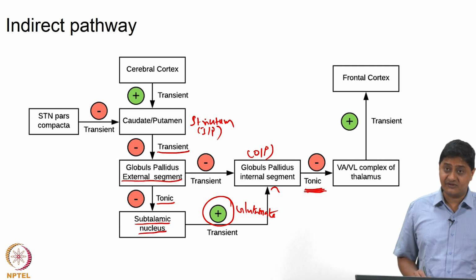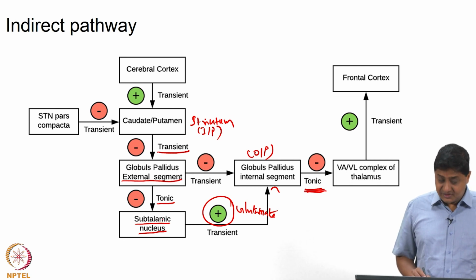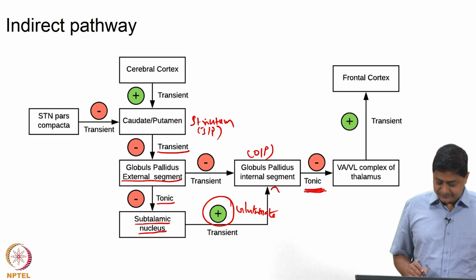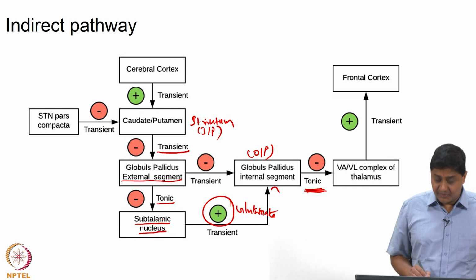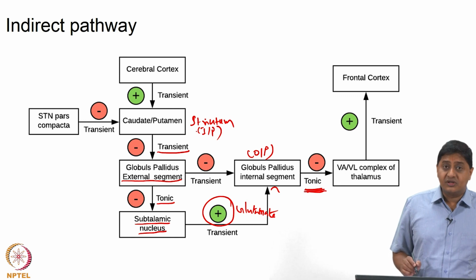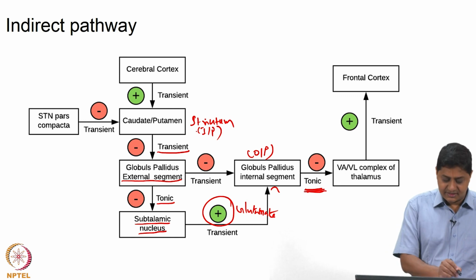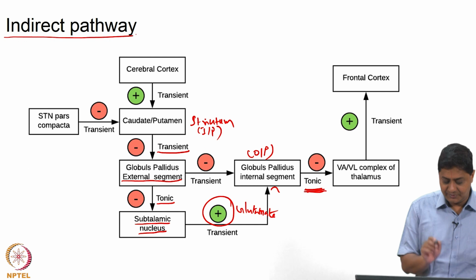the subthalamic nucleus, which is part of the internal circuitry. So, these two things together make up the internal circuitry in this particular case. And so, since the input is connected to the output not directly, this is called the indirect pathway.